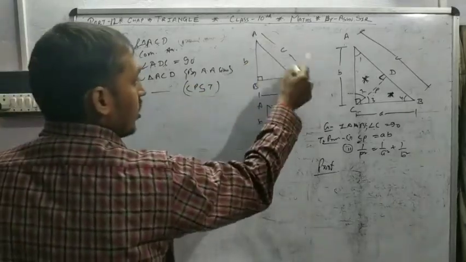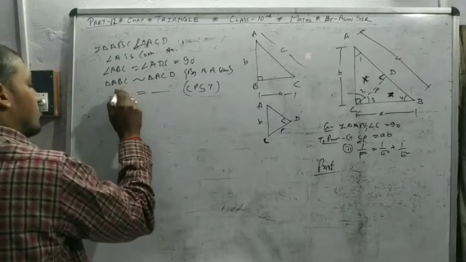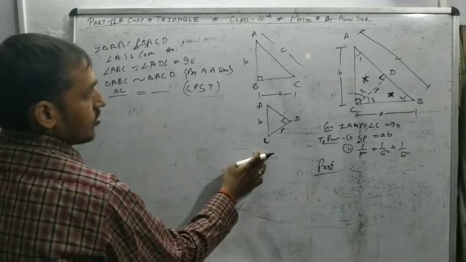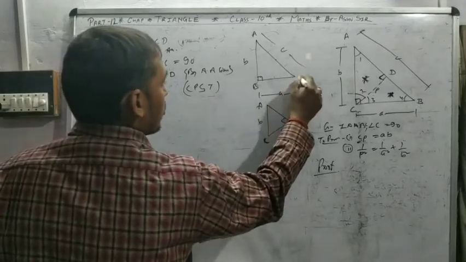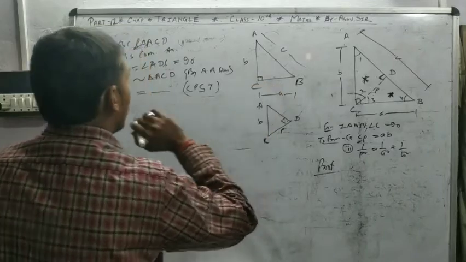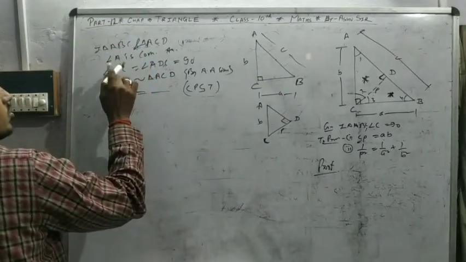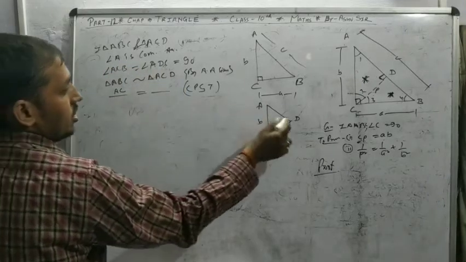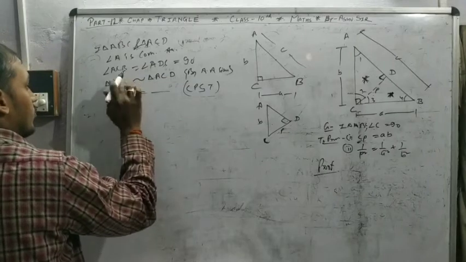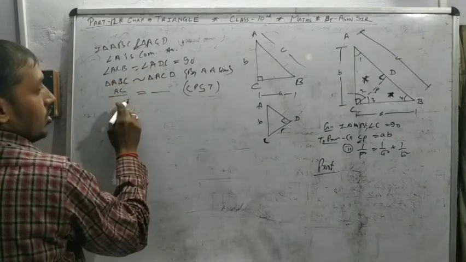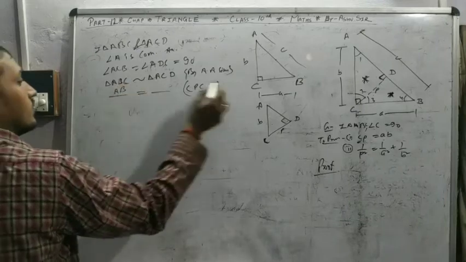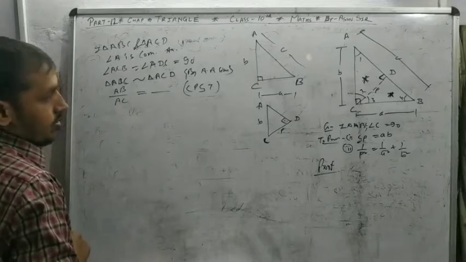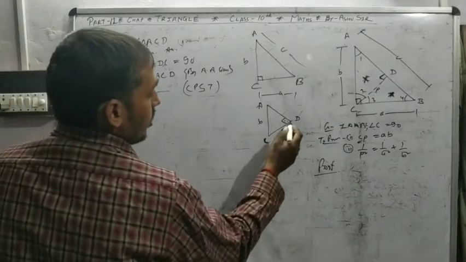From this triangle, if we take AC, 90 opposite AC, 90 opposite, sorry. ACB is equal to angle ADC. So 90 opposite AB. So 90 opposite AC. One more side we want, DC.